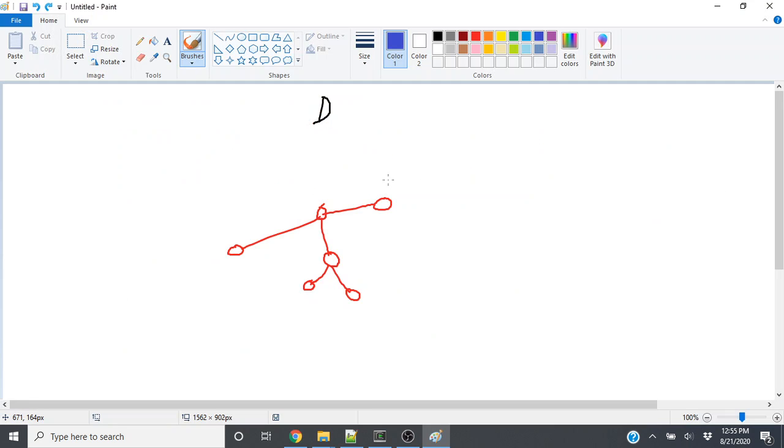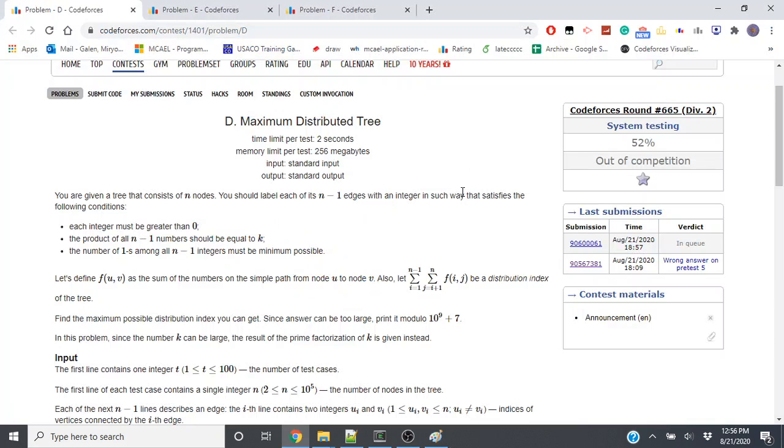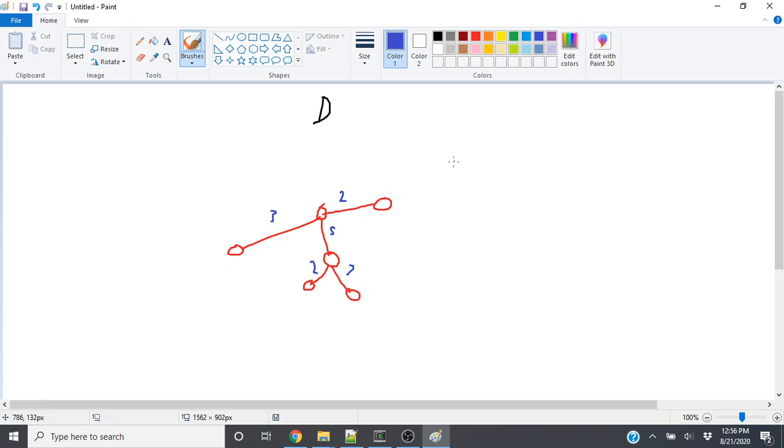So you're gonna assign an integer to each edge. For example, 2, 3, 5, 7, 2. This happens to not be optimal. We'll show why later. And you want 3 conditions to be satisfied.